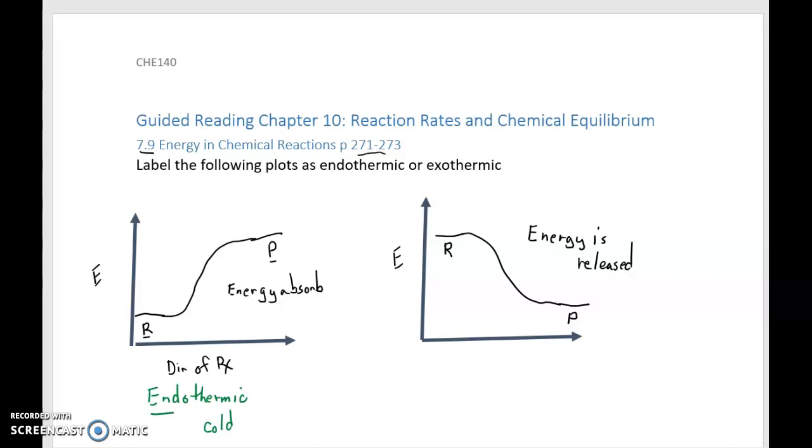And this, we'll change colors again, is an exothermic reaction. And it's going to feel warm. It's going to give off heat. So a fire, a wood-burning fire, would be an exothermic reaction.